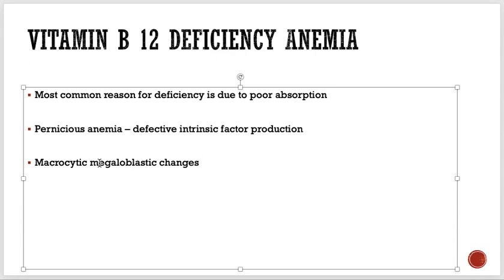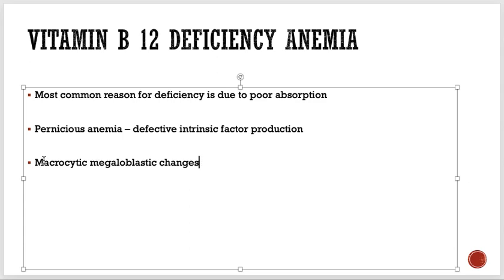When vitamin B12 is deficient, there is abnormal differentiation of the cells, and the nuclei of the cells are also abnormally produced, and we can see those changes by microscope.